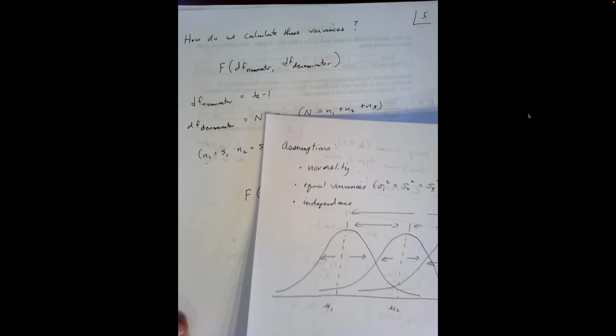So what happens? How do we calculate this? We calculate the variances. First of all, let's dive into the weeds a little bit and see what our F distribution looks like. The F distribution as compared to the chi-square distribution or the t distribution has two numbers as its degrees of freedom.